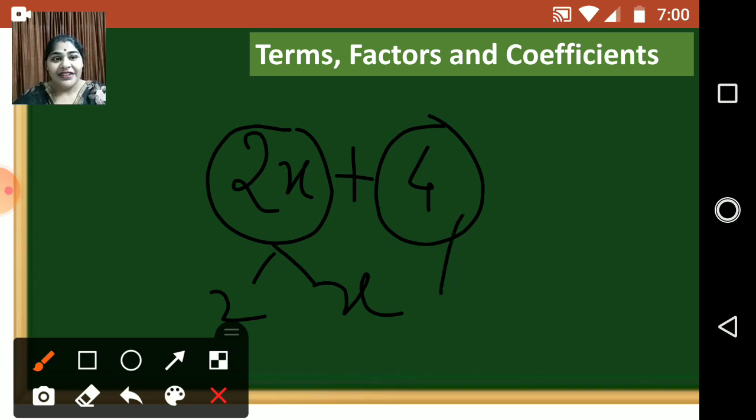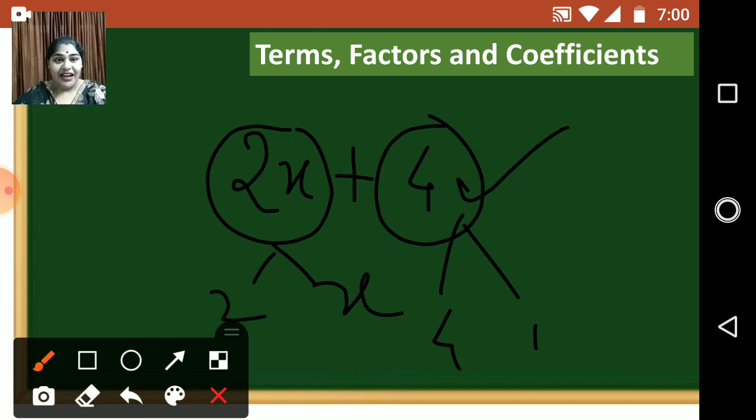Now here, this is only a number which is defined, so this is known as a constant. Yes, children, 4 is a constant, right? So the factors of 4, what can you write? 4 and 1. I hope this is clear.